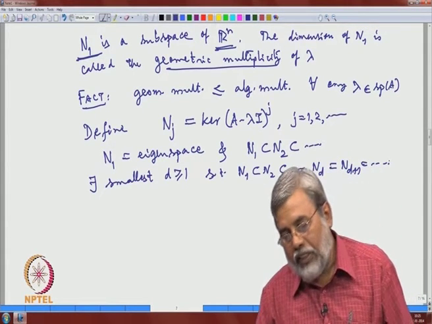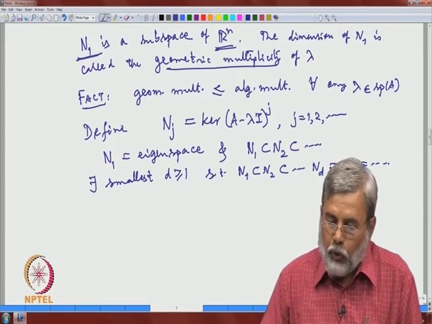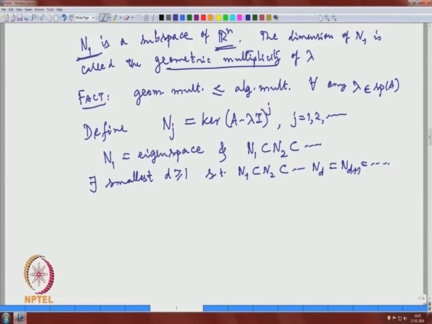So, there are no more additions of new non-zero vectors. Okay, so this is the smallest. It has a name, and this is called the index of lambda.